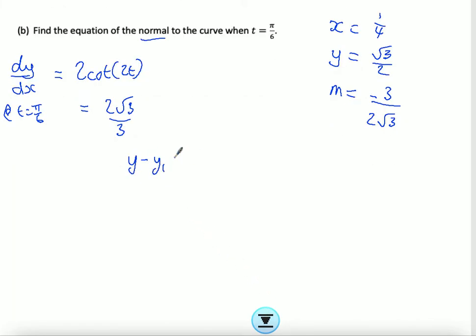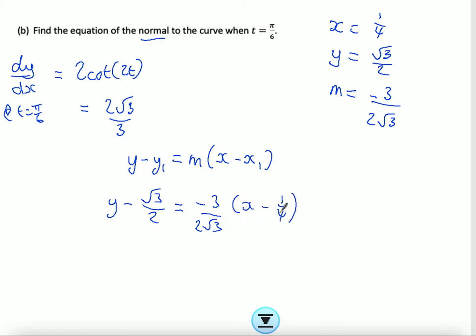So y subtract y1, m x subtract x1. So y subtract root 3 over 2 equals negative 3 over 2 root 3, x subtract a quarter. Again, that's an okay way of leaving it. I don't like the third on the bottom here, so I'm going to multiply 3 by 2 root 3.